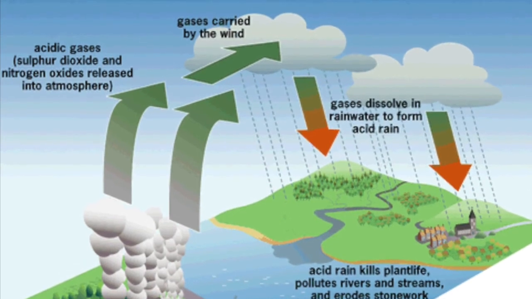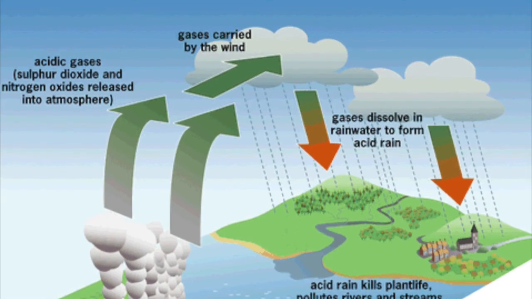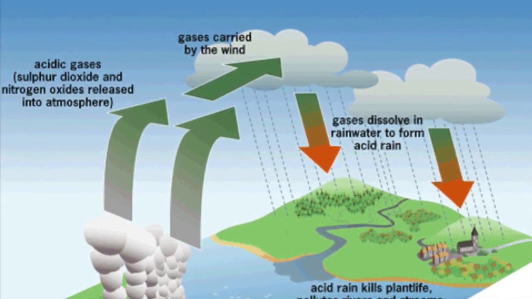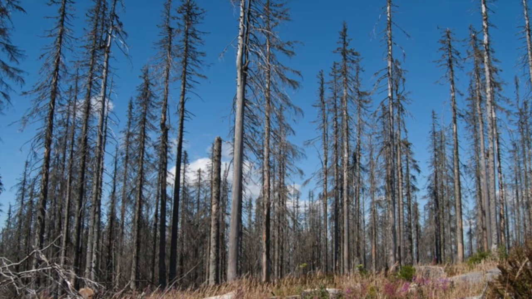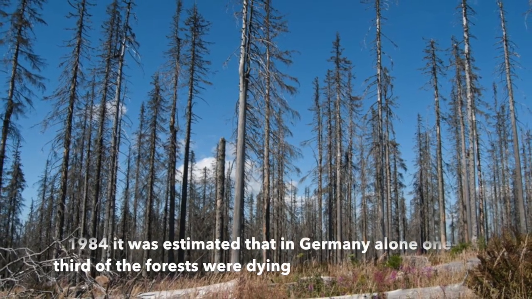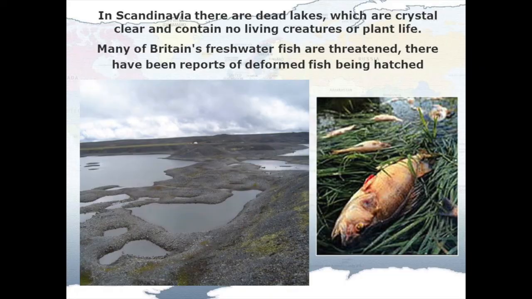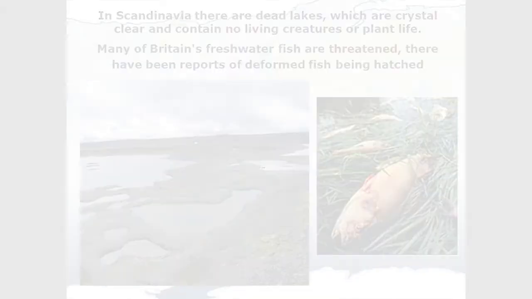What happens in reality is that this sulfur dioxide could actually be transported to other areas. This is what happened in 1984, when it was estimated that in Germany only 1/3 of the forests were healthy, and that thousands of Scandinavian lakes were basically without any life because of acid rain.